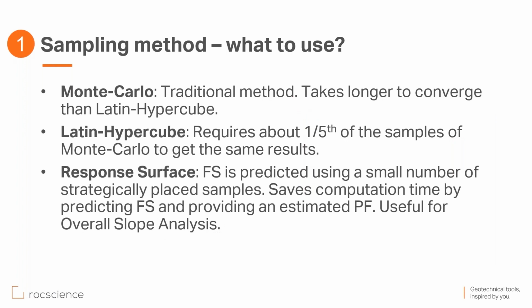So which one of these should you use for your analysis? The Monte Carlo, like we said, is a brute search method. It's the traditional method. The only reason to use this is if you're comparing to a paper or something like that. Otherwise, there's no need to use it. Latin hypercube is much more accurate than Monte Carlo. You need about 1/5 of the samples you would need with Monte Carlo to get the same result.